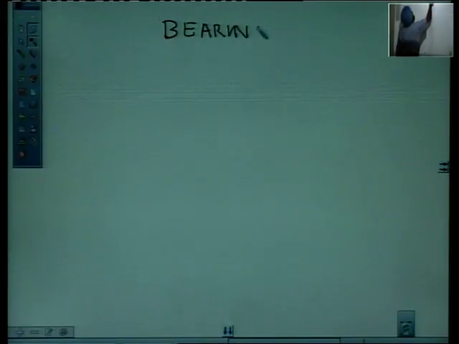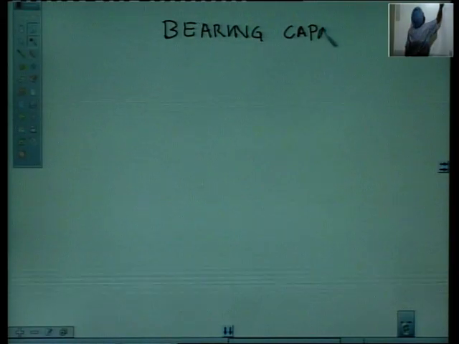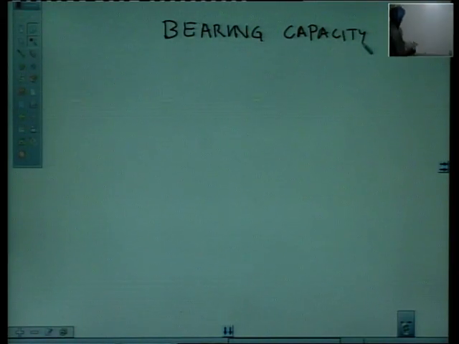Bearing capacity: the maximum load which the soil can take per unit area without yielding or displacement is called bearing capacity of soil. I am having some figures for various soil categories.